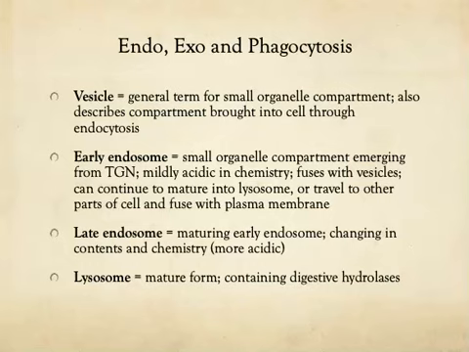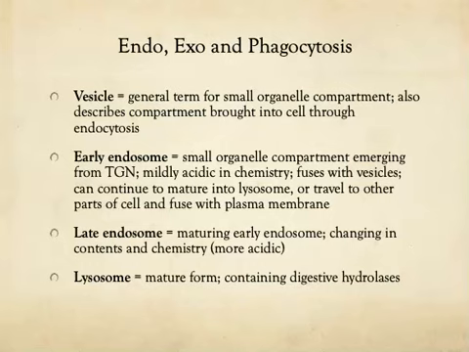The early endosome is mildly acidic in its internal compartment. Early endosomes can fuse with other vesicles. All vesicles can fuse with membrane, so early endosomes are no different from that.